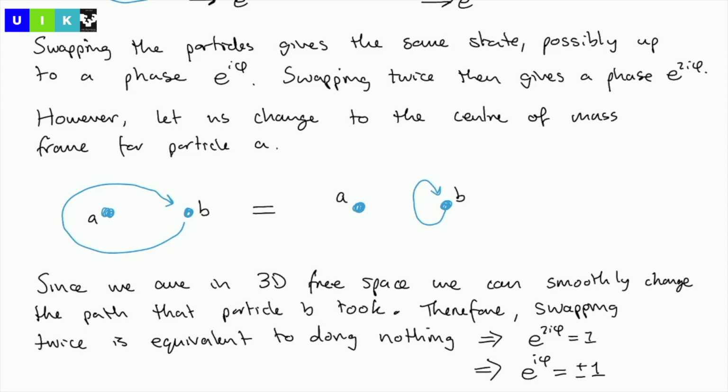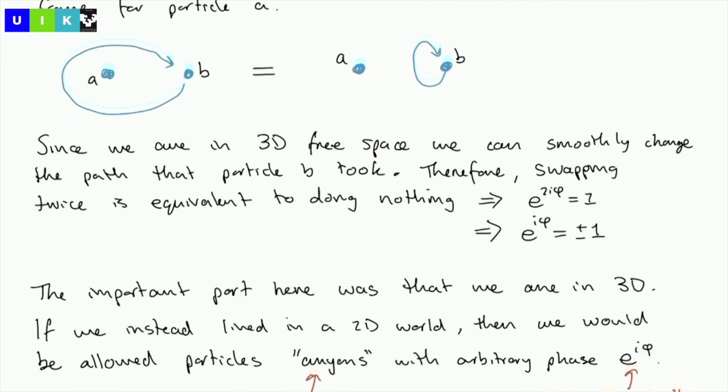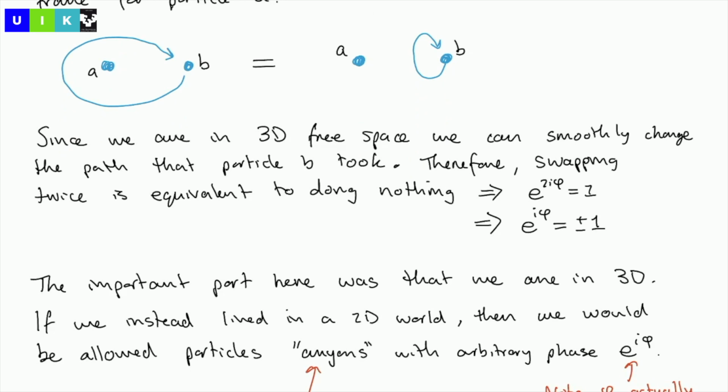So this process of dragging B around A is really the same as just dragging B in a little circle that doesn't encircle A. And so I can close this loop all the way up, and so I deduce that this phase e to the 2i phi must equal 1, which leads to the fact that there are only two options for this exchange of fermions and bosons.